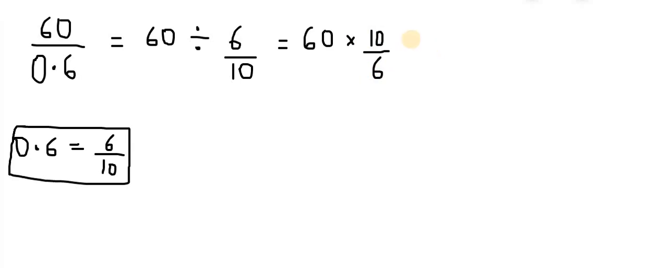Okay, and so that's equal to 600 over 6. If you simplify the top and the bottom, at the top that would be 60 times 10, at the bottom it would just be 6. Or you can write 60 as 60 over 1, so at the top is 60 times 10, at the bottom 1 times 6, and the final answer, 600 divided by 6, would just give you 100.